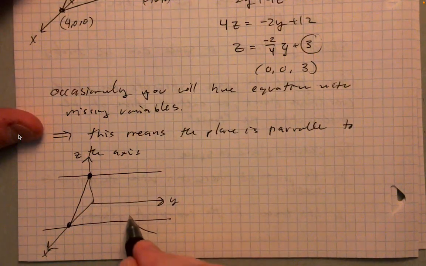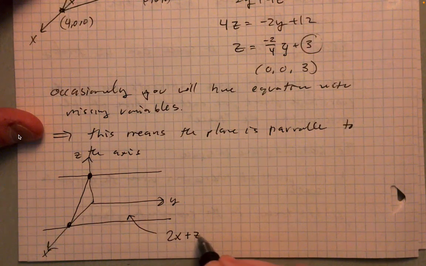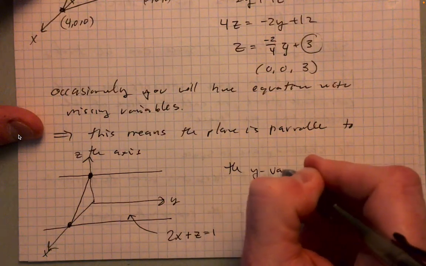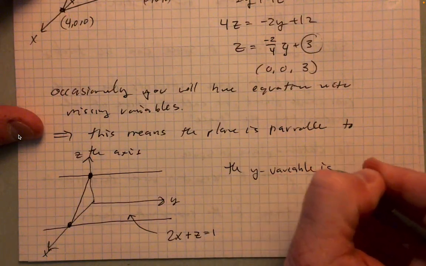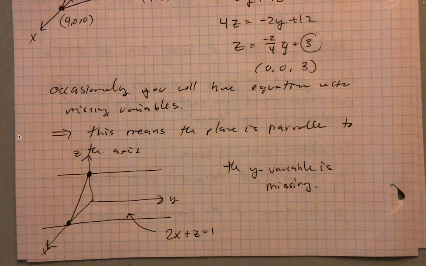This plane here could be represented as 2x plus z equals 1, right? So here the y variable's missing. Right? What does that mean? Well, it means that the plane is parallel to the y-axis. It never crosses the y-axis. It's totally independent of the y-axis.